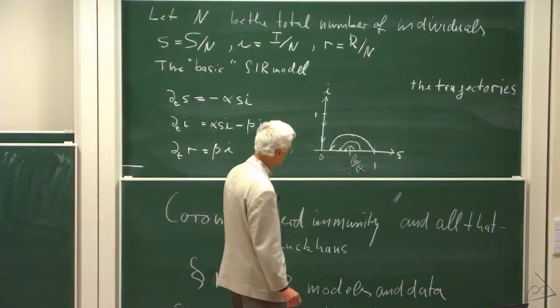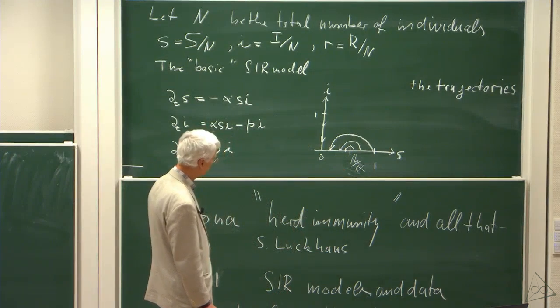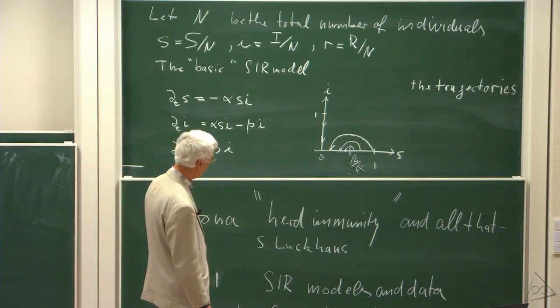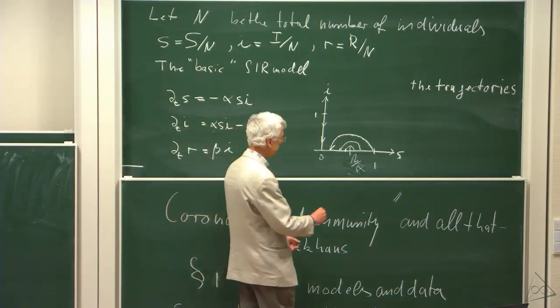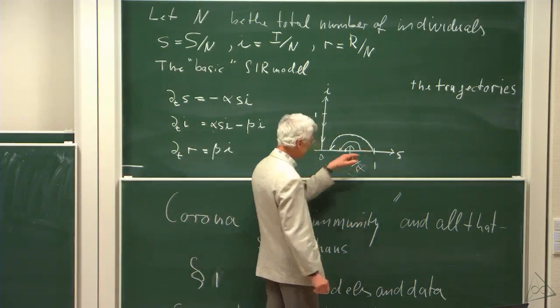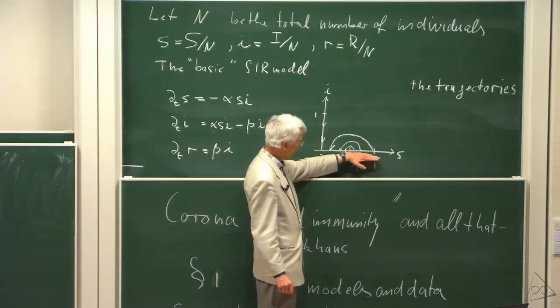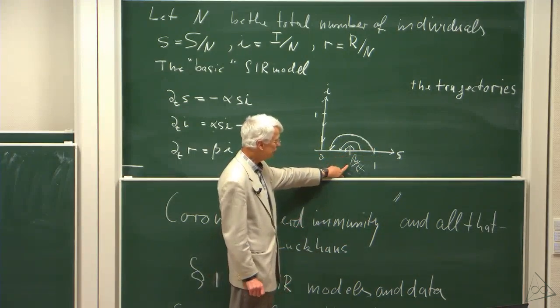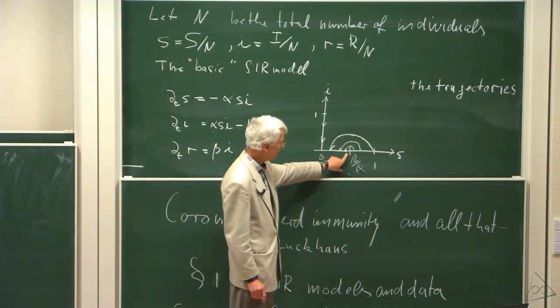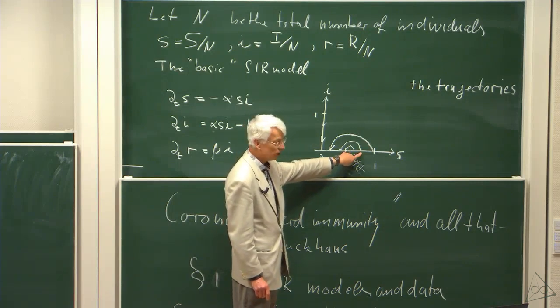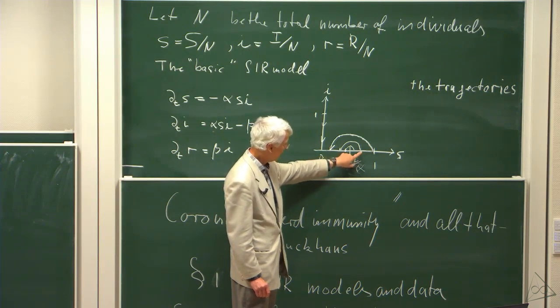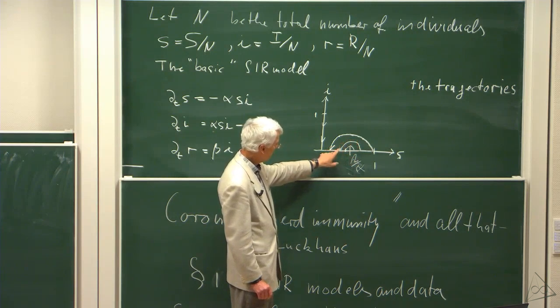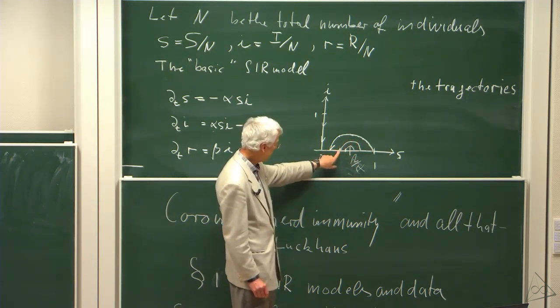So what does this actually mean? What do these little arrows and trajectories mean? They mean if you are starting at any percentage of susceptibles which is still larger than this beta over alpha, then a small perturbation, so any small number of infected individuals that you introduce from the outside, will lead to an epidemic which will run its course.